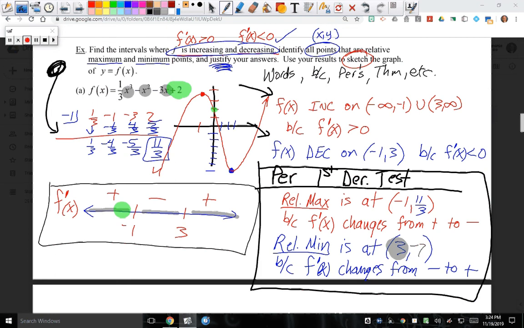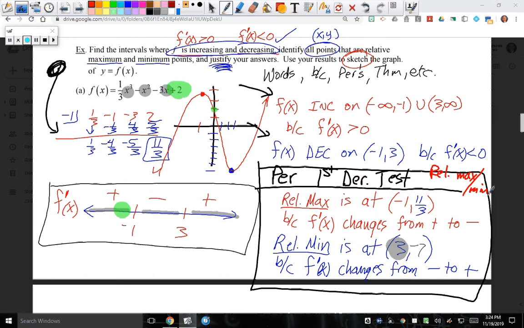But the first derivative test, put it in your notes, there are only two tests that you will learn that you will actually need to write: per first derivative test or per second derivative test. They both are only used for relative maxes and mins. That's it. First derivative test and second derivative test are the only things that you will use to get a relative maximum.